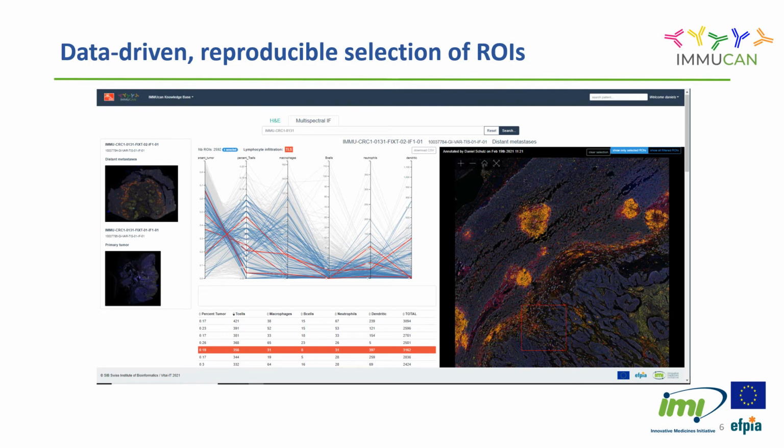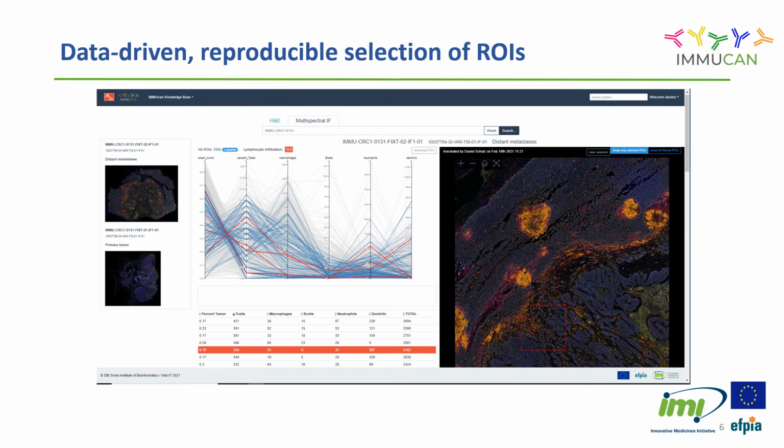The research teams from Zurich and Lausanne, in collaboration with the SIB, have developed a new tool based on the data and the digital image analysis done on the immuno-fluorescence panel 1.